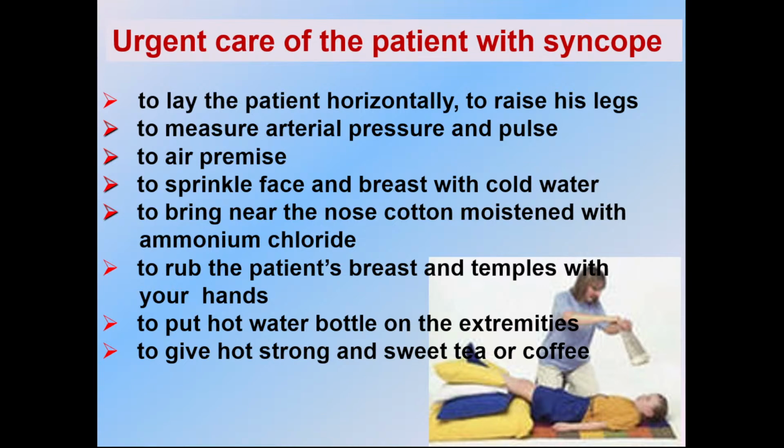We can rub the patient's chest and temples with our hand. We can put a hot water bottle on the extremities to provoke constriction of the extremity vessels and stimulate blood flow to the brain.